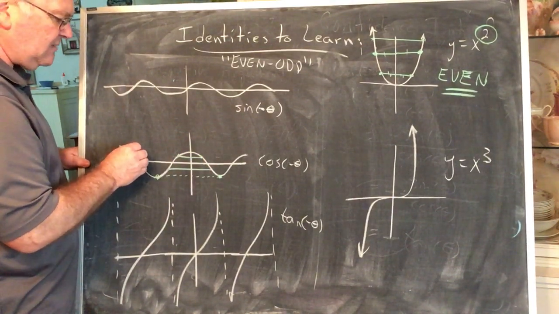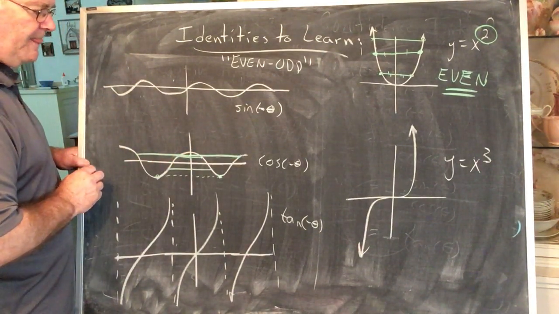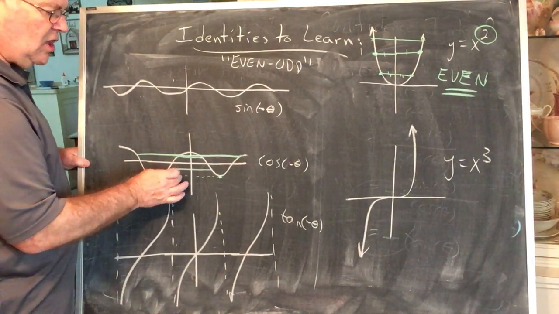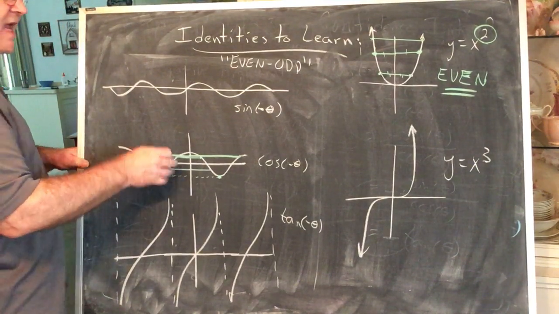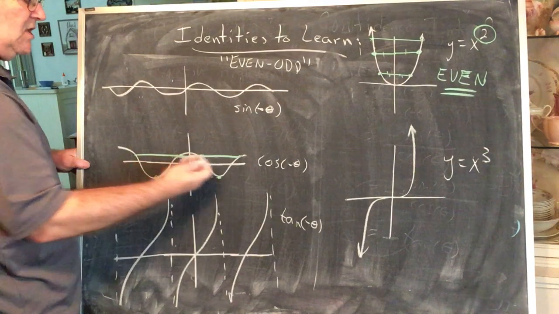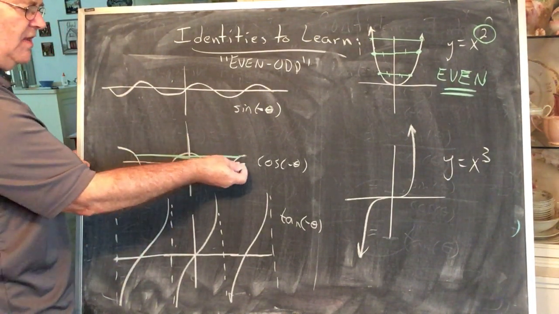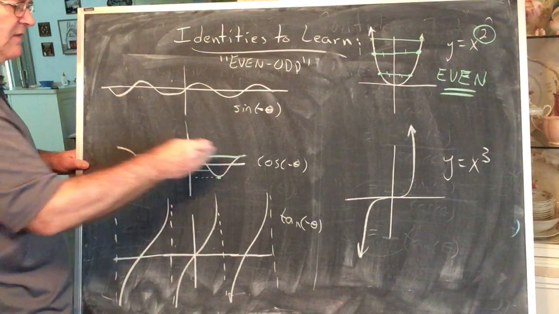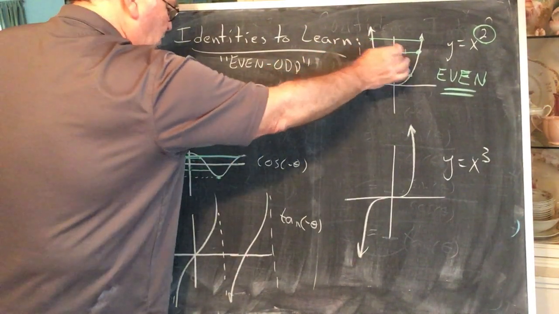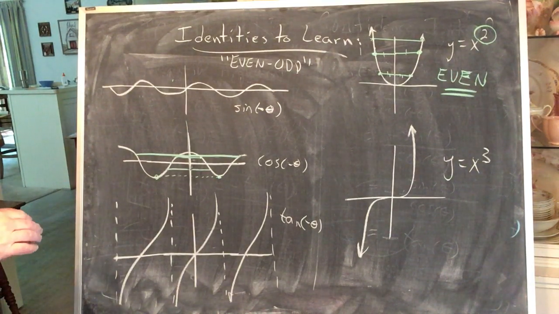This point, go to the axis, through the axis, you're back on the curve. And so this curve exhibits that same symmetry that this curve does. It is the reflection of itself. If you could fold this board across this axis, this would fold precisely onto itself and vice versa, just as this one would. Cosine is an even function.